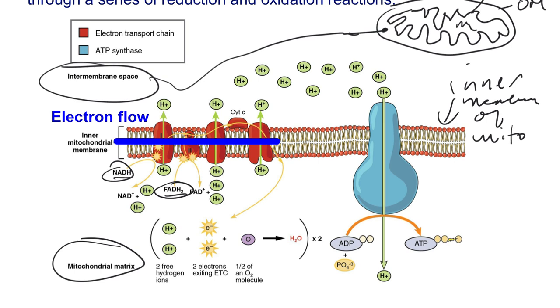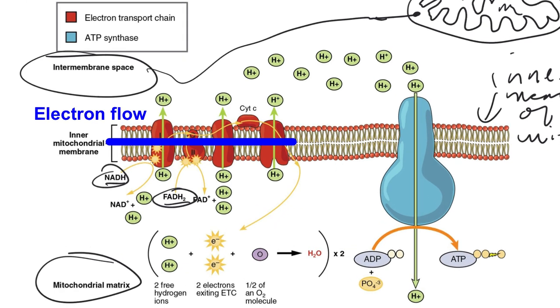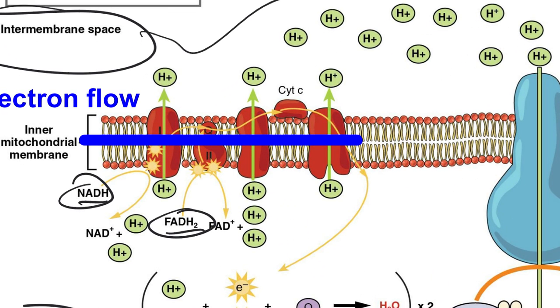Some of those high energy electrons will be moved down this electron transport chain. You can see some of it. They don't show the electron transport chain very well, but they show some of it. So what's going to happen is those electrons and hydrogen are going to be released.